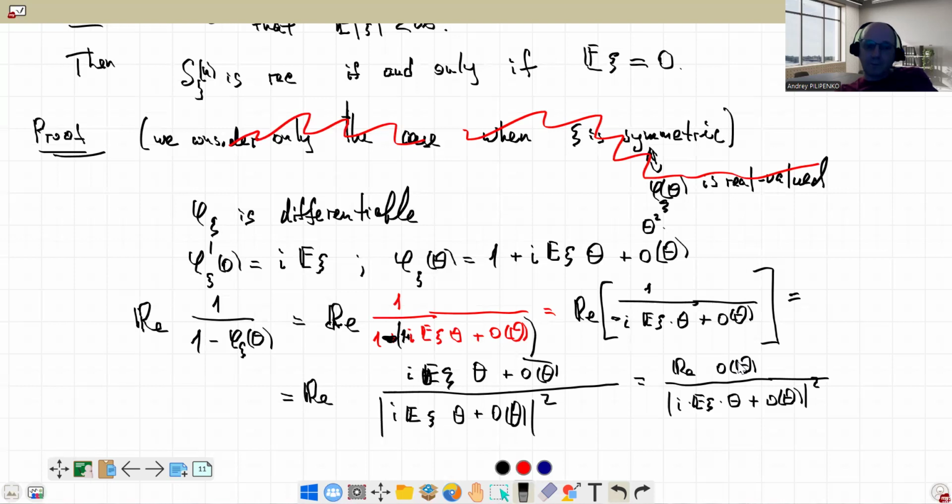If xi is a symmetric random variable and the expectation of xi is zero, and O of theta is then a real valued function, then in this case we have that this real part is equal to 1 divided by O small of theta, and this integral is divergent.